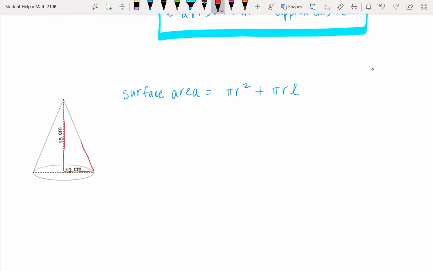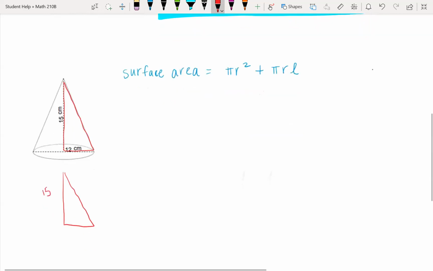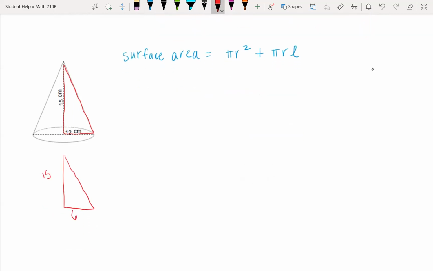It's looking like this. And we're going to figure out what the slant height is by using the Pythagorean theorem. This is 15. I said 15 and wrote 6. This is 15. This is 6 because we're cutting the diameter in half. And so then we've got to figure out the slant height.